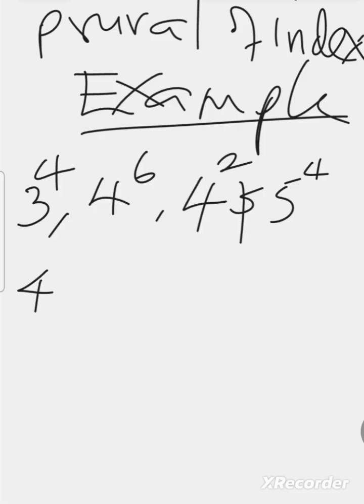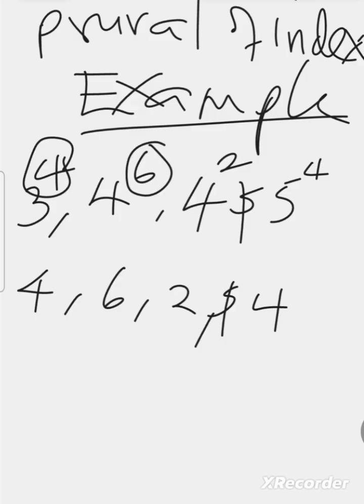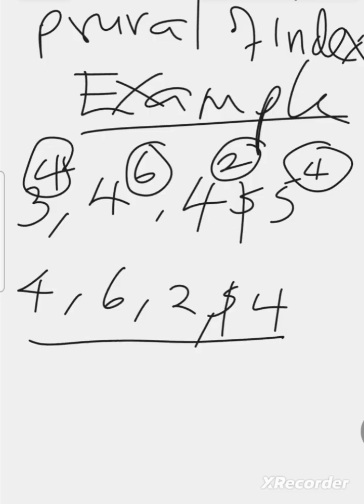So 4, 6, 2, and 4 are referred to as indices. So this is our index, this is another index, this is another index, this is another index. And we have said when these powers are more than 2, then we refer to them as indices. So 4, 6, 2, and 4 are our indices.